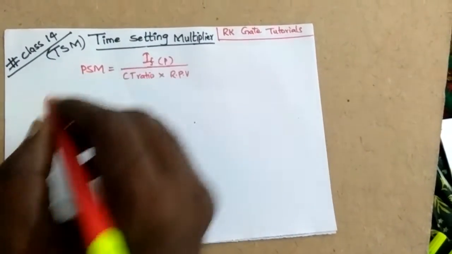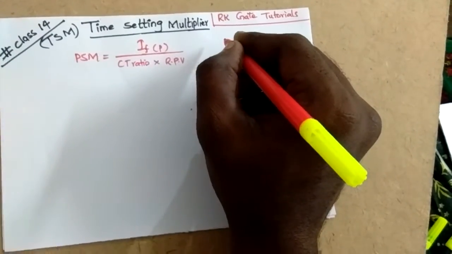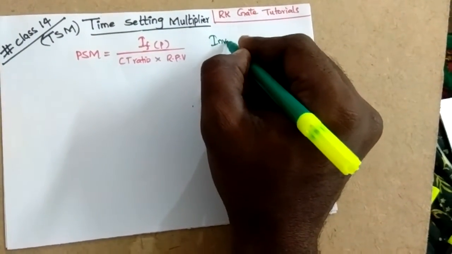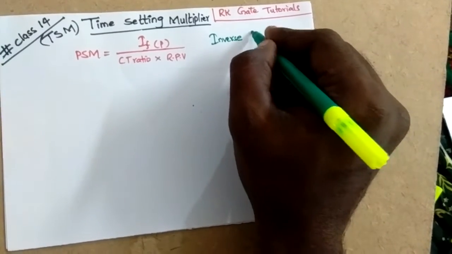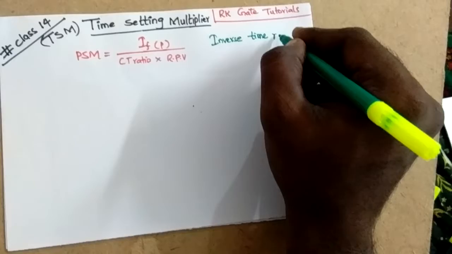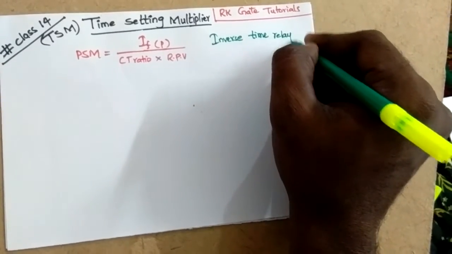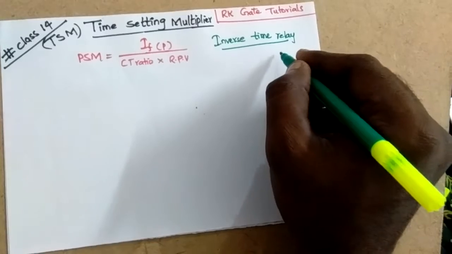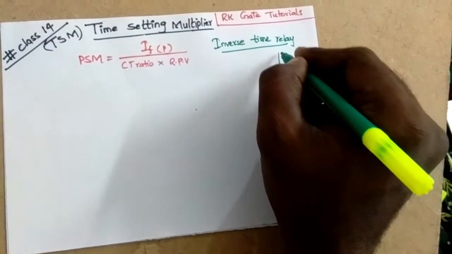So remember this. Now if you observe the inverse time relay, from the types of relays which are based on the time of operation, here we have seen the graph is like this.